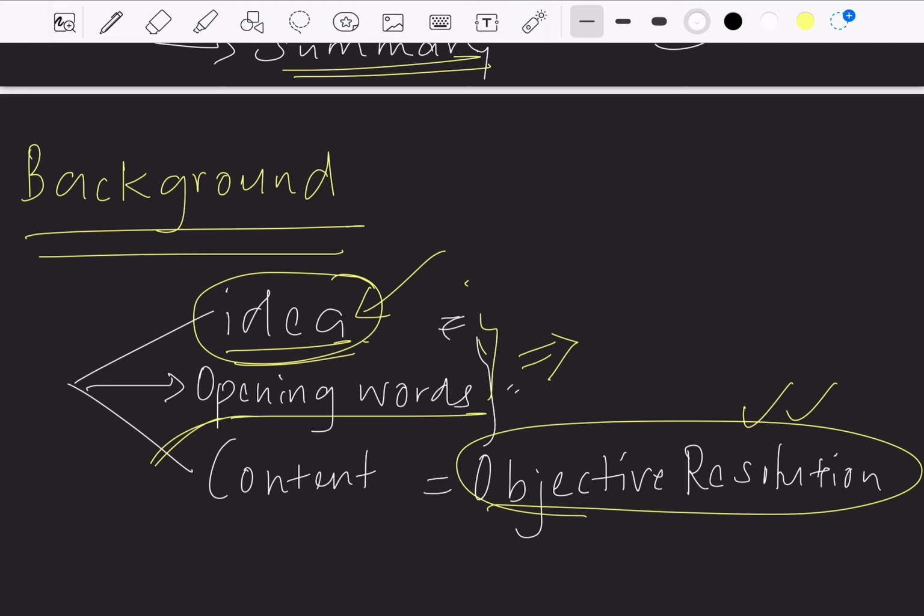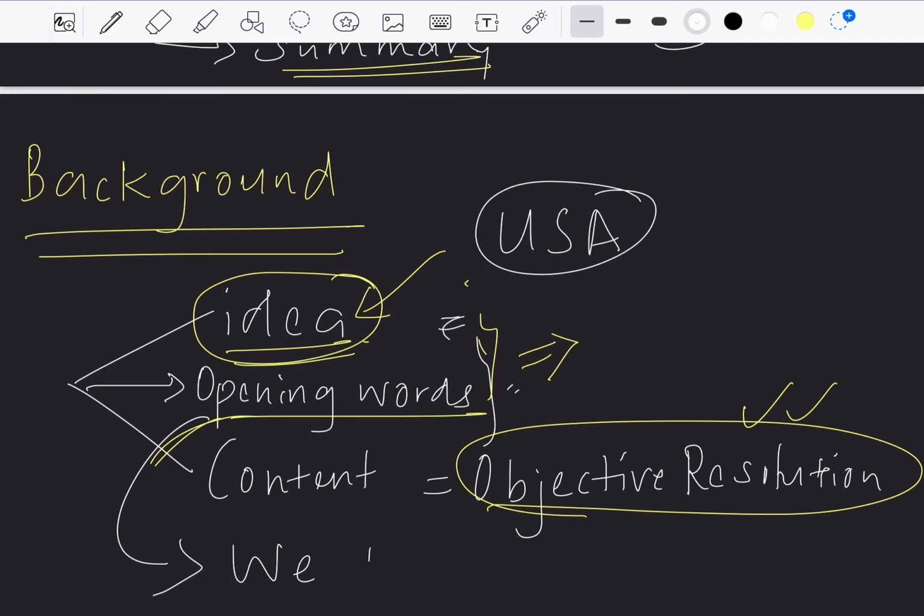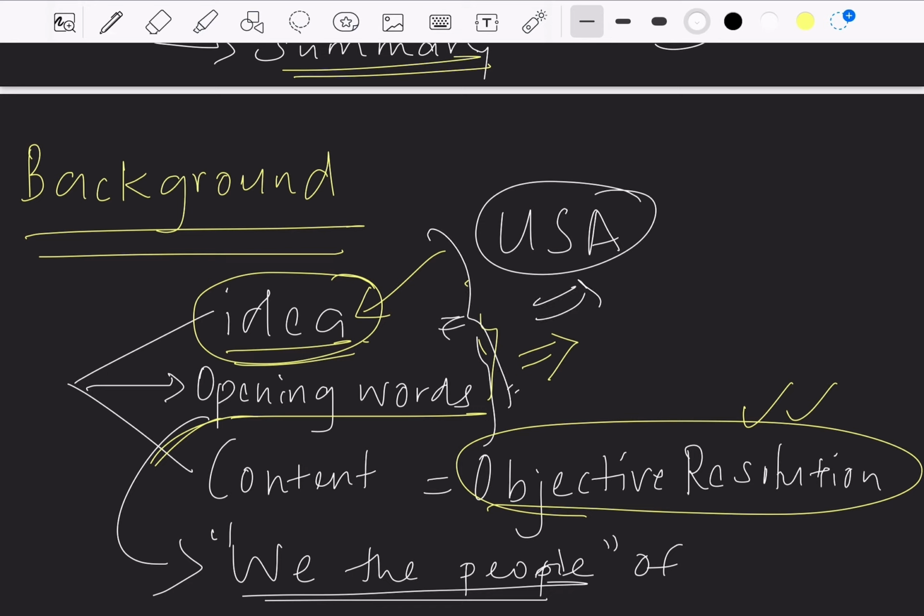So, the idea behind having preamble came from American Constitution, that is from USA. Next, the opening words, we know preamble starts with "We the people of India." So, these opening words, "We the people," were also derived from American Constitution. So, these two were derived from USA.